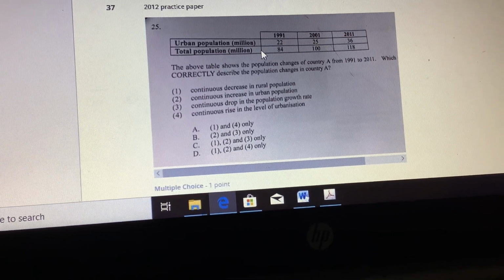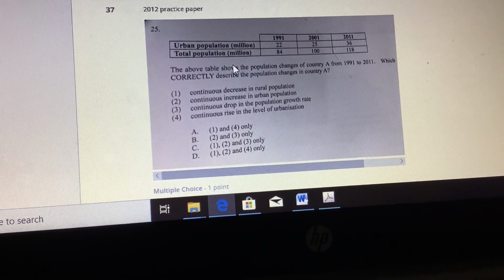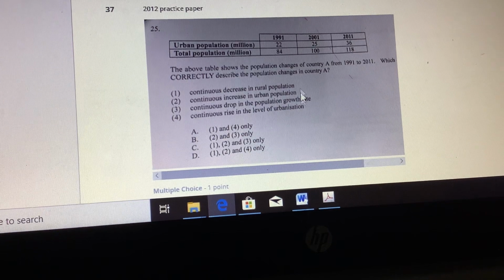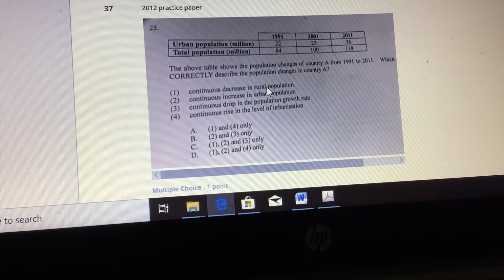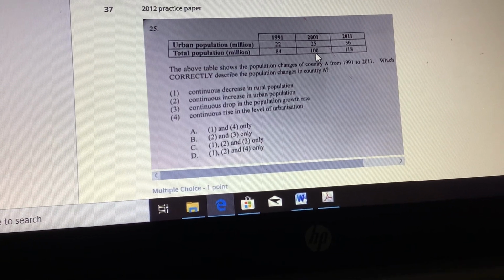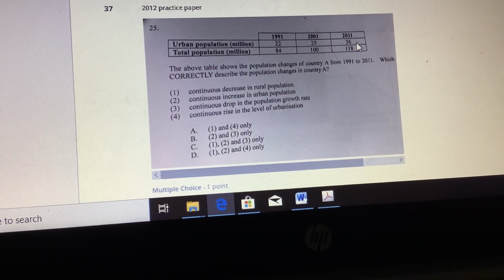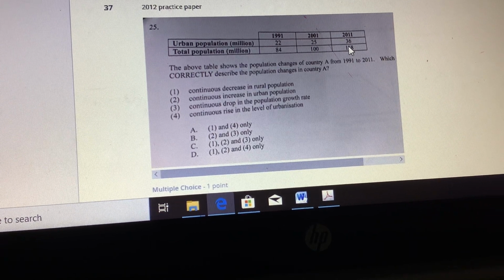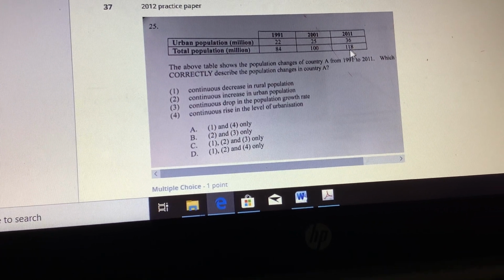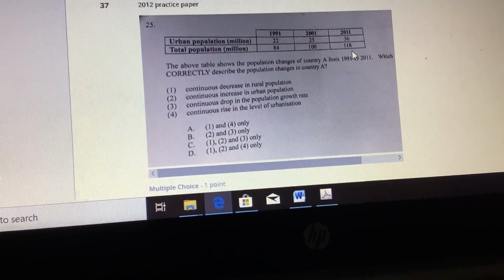So again, urban population and urbanization and urban growth rates. Very boring. Continuous increase in rural population for country A. Is it the case? Rural population, where are you? This one's 62, 75. And then right here, it should be 82.